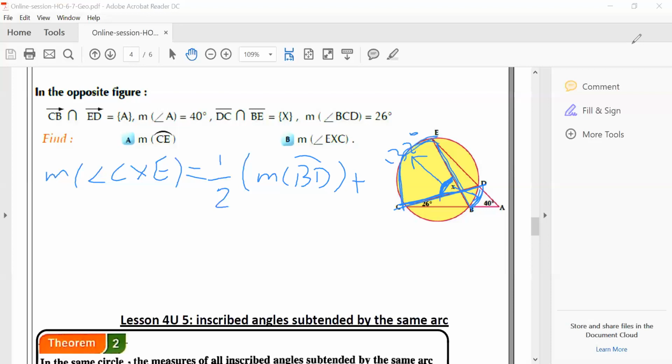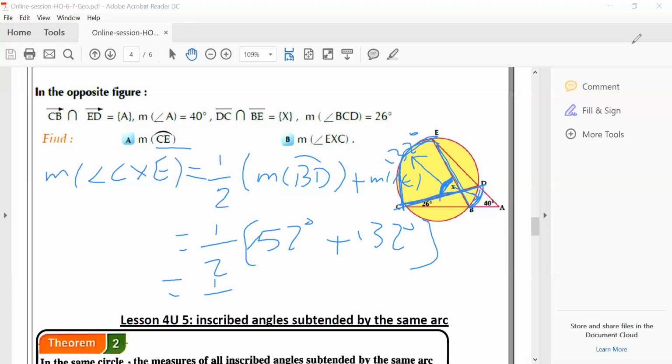Measure CE and ال BD I have it equal 52 plus جبنا ال CE 132 يبقى equal half the sum of them, 184, equal 92.